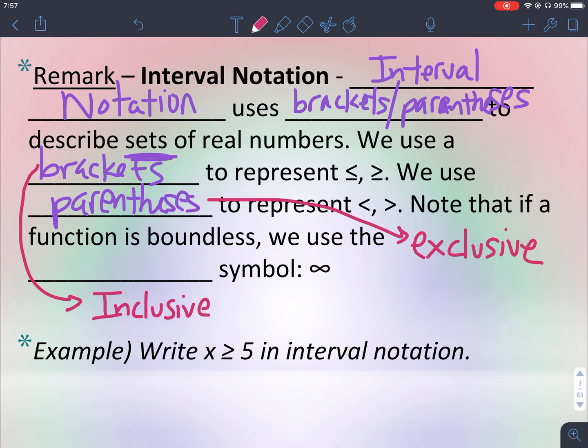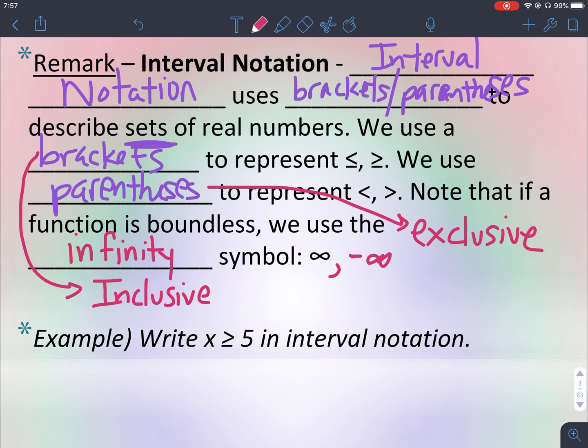If a function is boundless, meaning it goes on forever, something like x is greater than or equal to 5, then we want to use the infinity symbol. And we can use either positive infinity or negative infinity. So an example for you, write x is greater than or equal to 5 in interval notation.